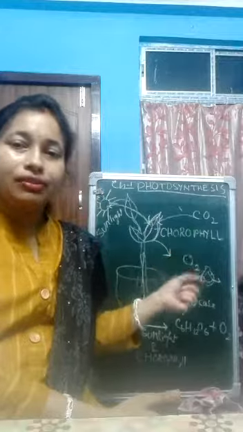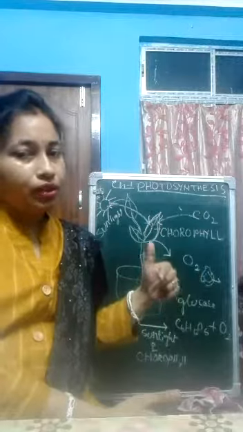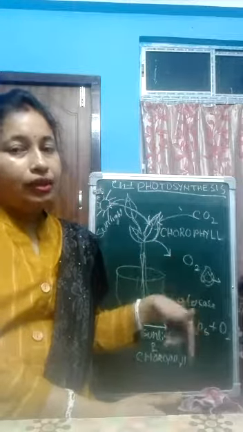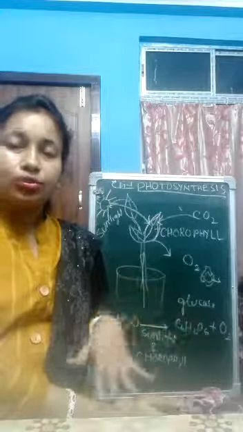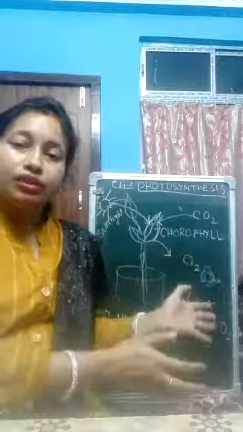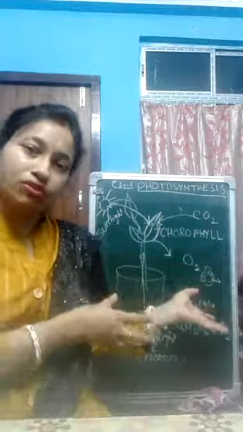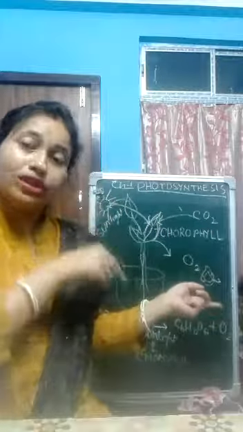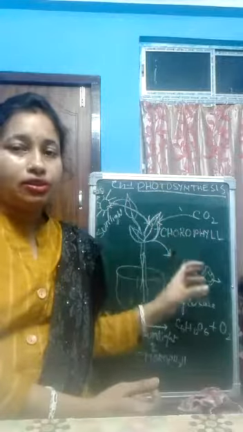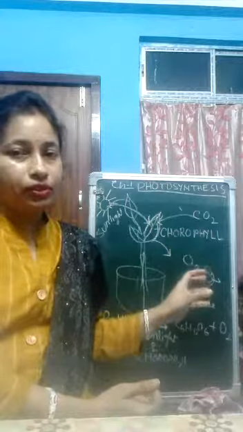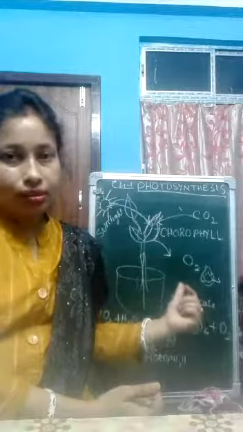So when any animal eats the plants, they will get the energy from the plants. The starch will be eaten by herbivorous animals, and then those herbivorous animals are eaten by carnivorous animals. So carnivorous animals get that nutrition from the herbivorous animals, and that nutrition actually came from the plants. So plants are the actual producers of the nutrition, and herbivorous animals only obtained it from the plants.